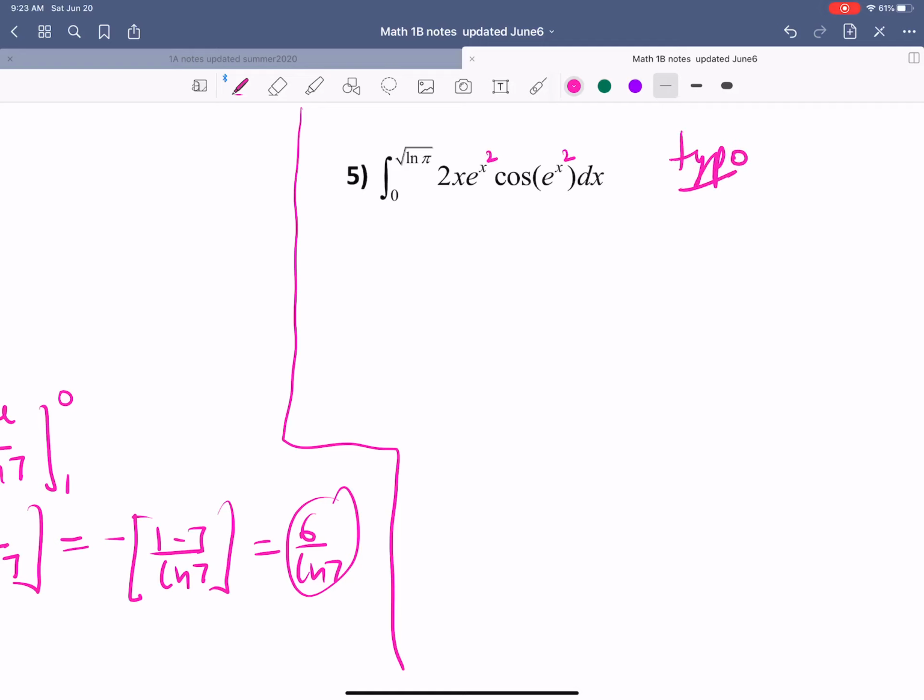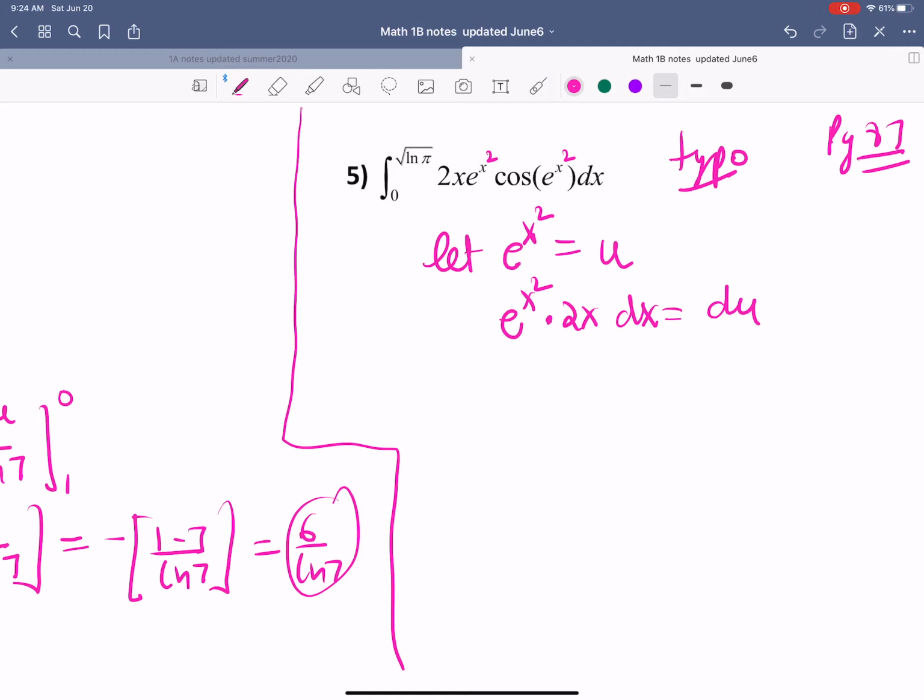There is a typo in this problem, it's on page 87. Okay. So I'm going to let e to the power x squared be u. e to the power x squared times 2x dx would become du. So this whole thing is du. So I have cosine of u du.